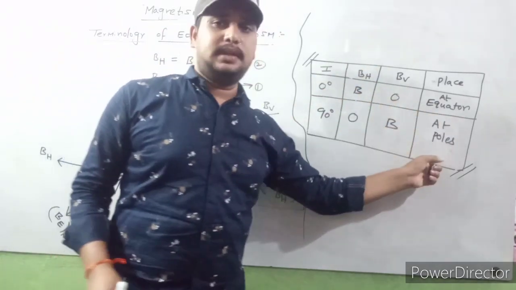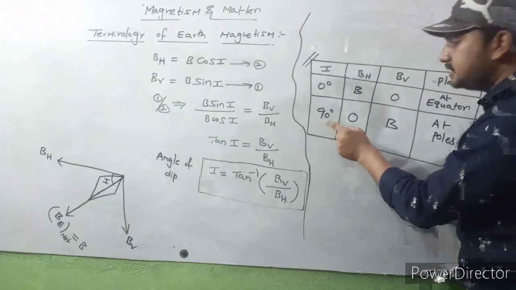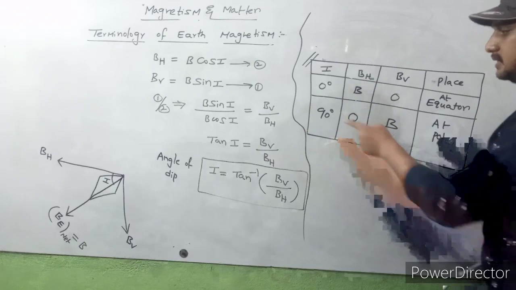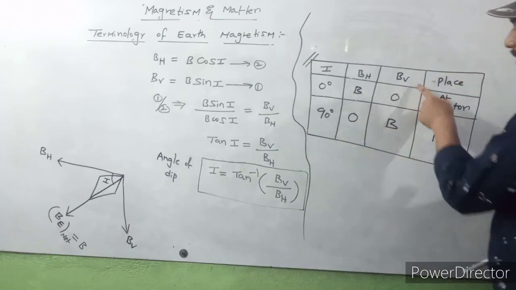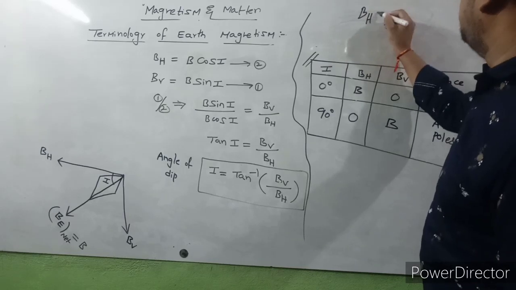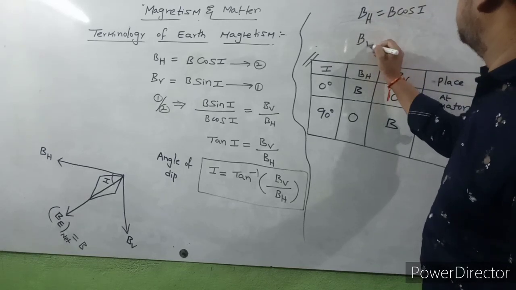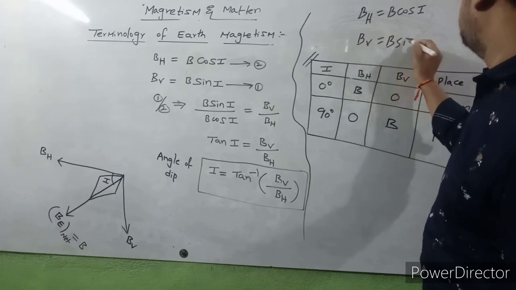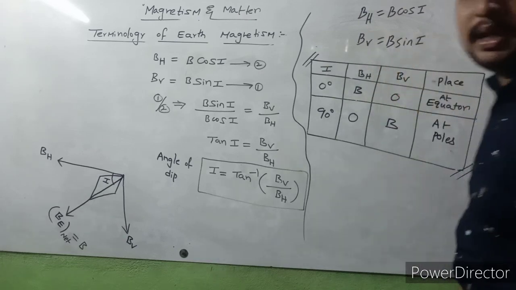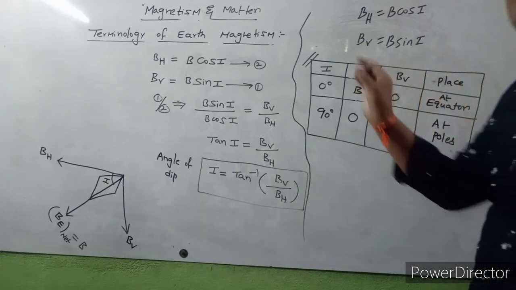At poles, angle of inclination is 90 degrees, that means BH is equal to 0, BV is equal to B, because BH means B cos I, BV means B sin I. So this is about angle of inclination.